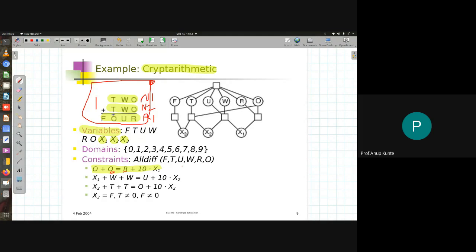So I have two cipher 3-digit numbers, TWO and TWO, which are added, since this addition symbol is there, to get a 4-digit cipher text number output, or result I should say, FOUR. These capital alphabets are representing a digit from 0 to 9. This is what this particular problem is.